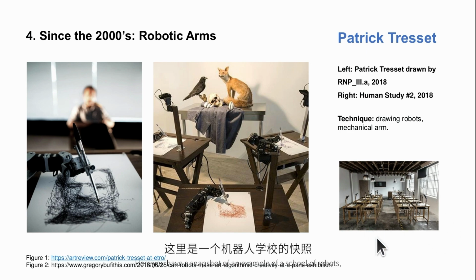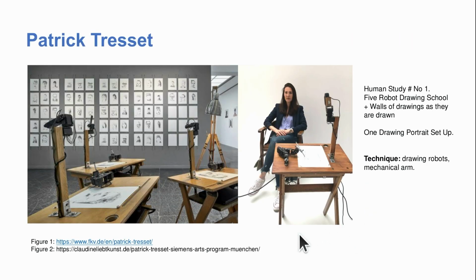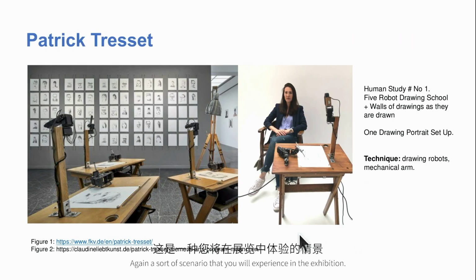Here, you have a snapshot of an example of a school of robots with a teacher at the front indicating to the art class what they should work on. Again, a scenario that you will experience in the exhibition.